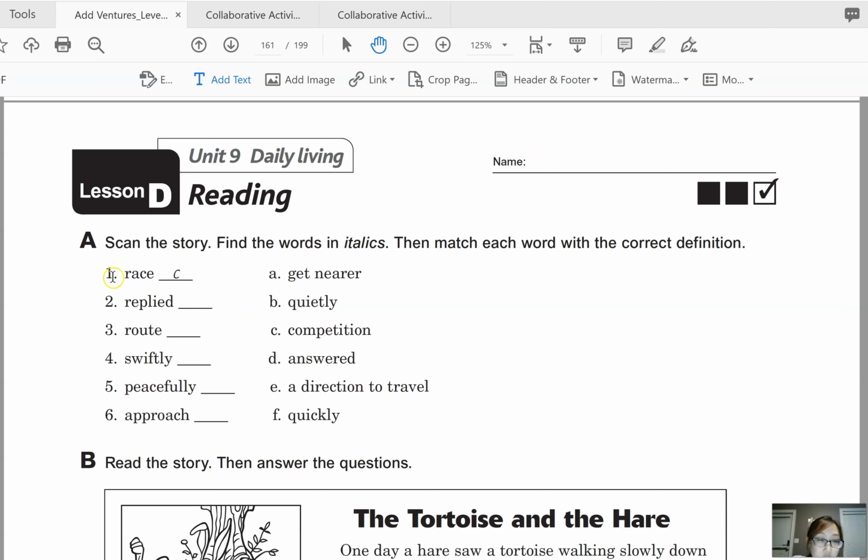So for definition sentences, we can use the words is or means. So since race is a noun, we can say a race is a competition. But if the word is a verb or an adjective or an adverb, then it's usually better to use the word means. Okay, so go ahead and pause the video and continue when you are finished.